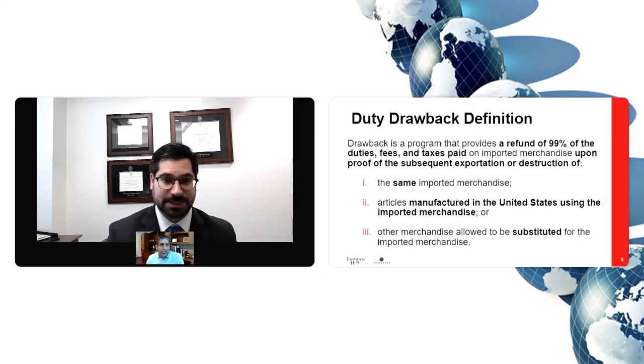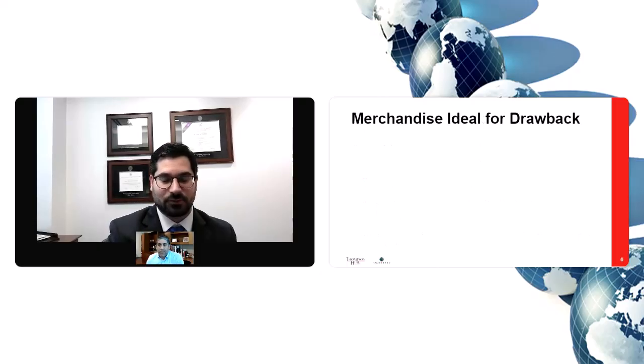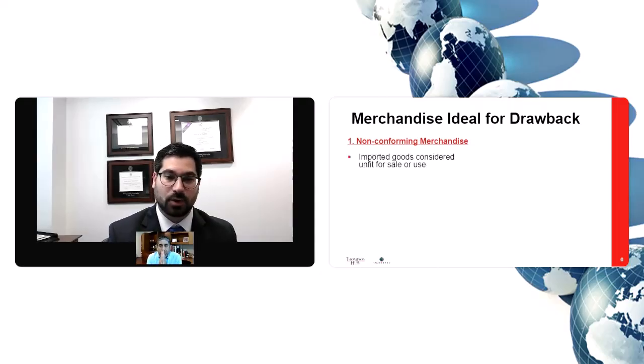So you are probably thinking, what type of imported merchandise is ideal? Roughly speaking, we categorize them in four major buckets. The first would be non-conforming merchandise. This might be, for example, goods that were imported, but upon further review, are unfit for sale or for use. Perhaps they fail to meet some quality standards upon importation, leading to their rejection by either the importer or the customer.